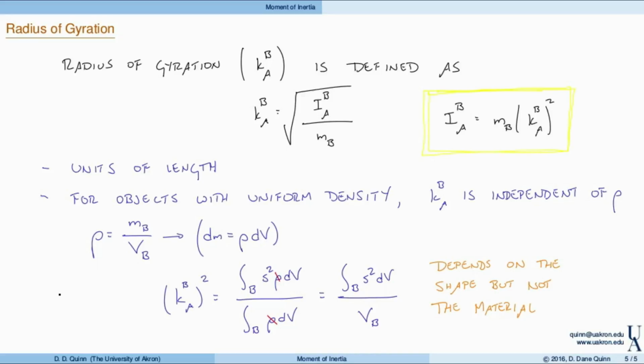So that's our discussion on the moment of inertia. Again, it's a property of the object in question, but it does not depend on the motion of the object. So it's something that we can calculate ahead of time. For this class, we'll commonly use things like bars and plates and disks, point masses, where the moment of inertia is well defined.